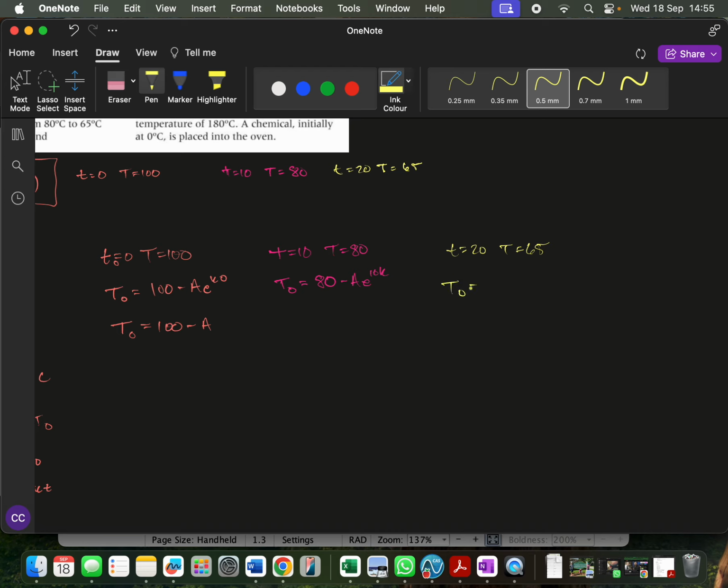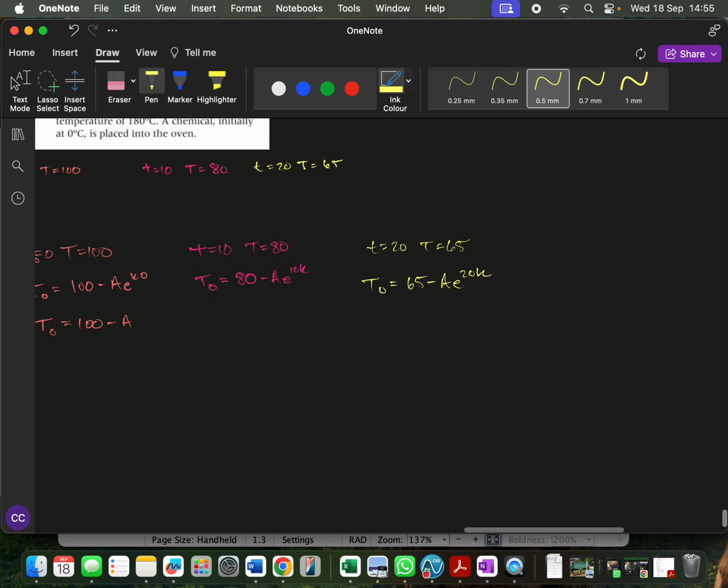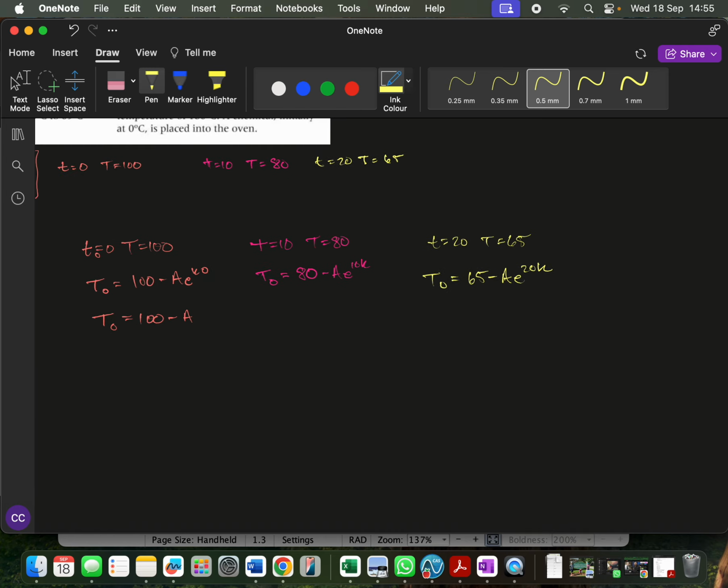So T0 equals 65 minus A e to the 20k. All right, so I need some way of combining these functions together to make them make sense. So there is a connection here that I can see right away. This has A e to the 10k. This has A in it.